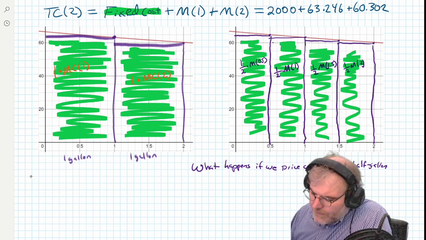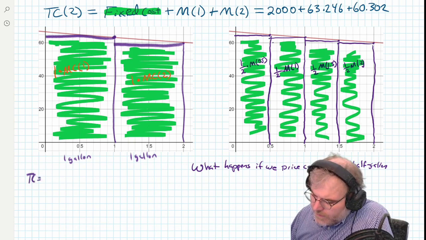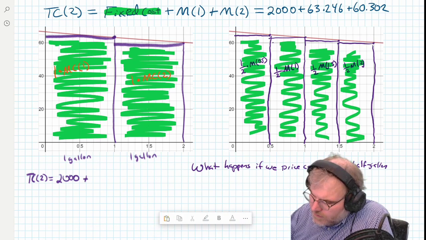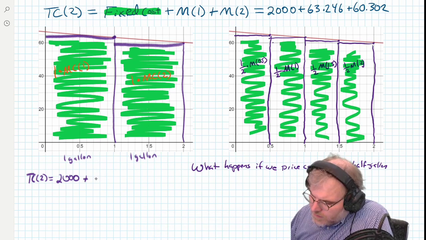So here I have total cost equals the fixed cost plus MC of 1 times 1 plus MC of 2 times 1.